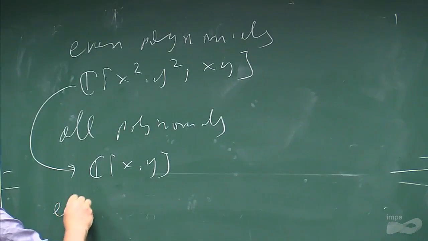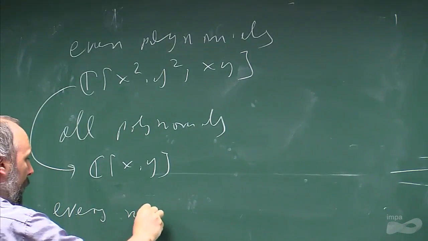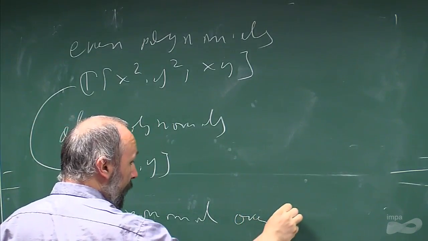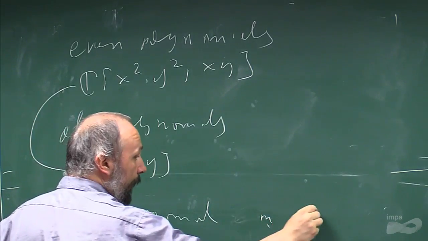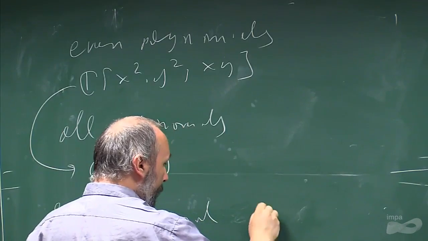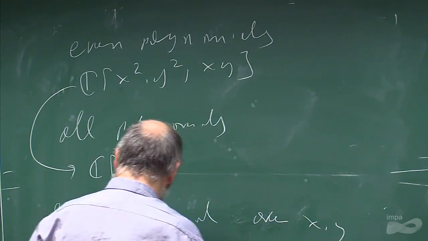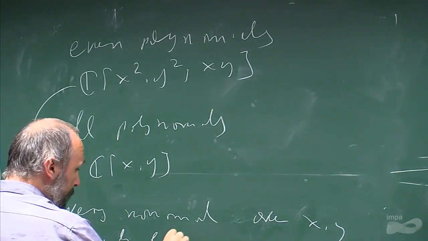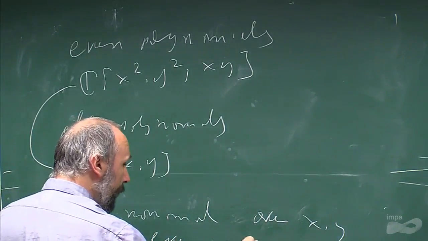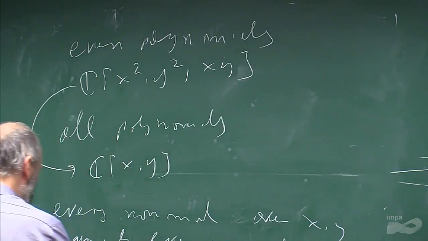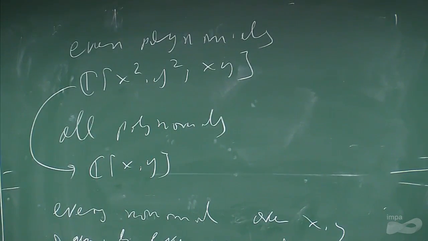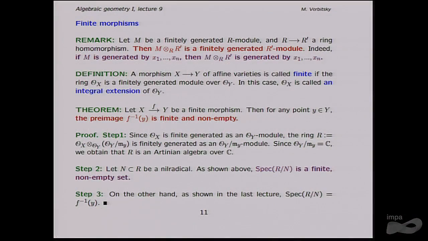Every monomial over C[x^2, y^2, xy] is generated by even monomials, 1, x and y, because if you have an odd monomial, it's either divisible by x or by y.